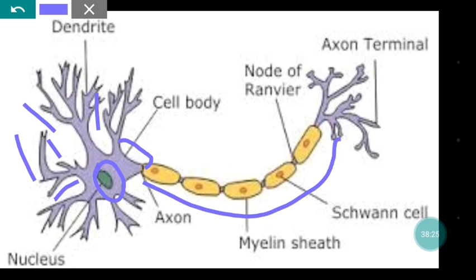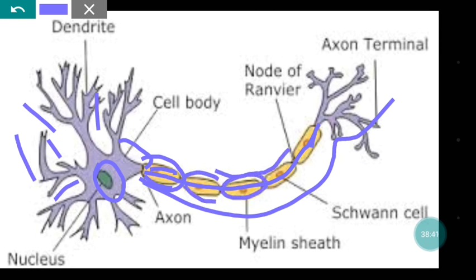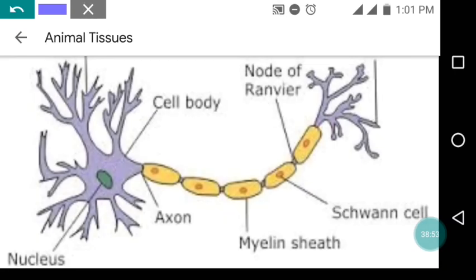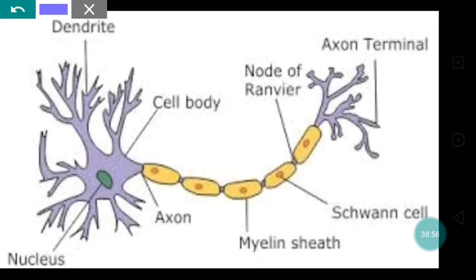This region is the axon, and in the axon there is the central extension, and over that the myelin sheath is present, formed by the Schwann cells. Schwann cells help in the production of the myelin sheath. The gap is known as the node of Ranvier, and this is the axon terminal.